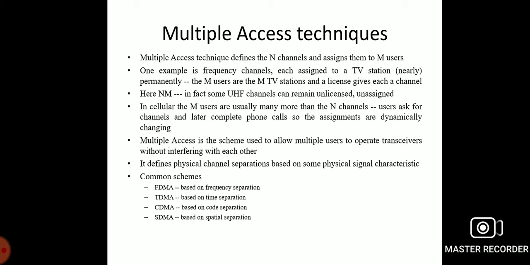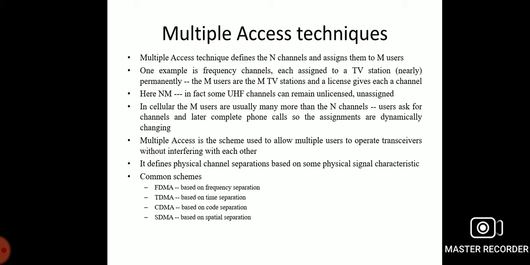So what are the common schemes of multiple access techniques? Number one, frequency division multiple access, which is based on frequency separation. The second one, TDMA, is based on time separation. The third one, CDMA, is based on code separation. And finally, SDMA, which is based on spatial separation.